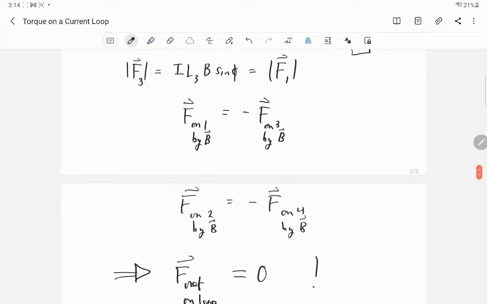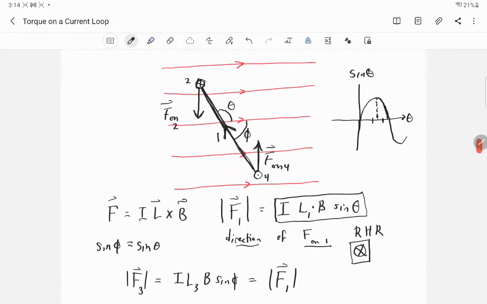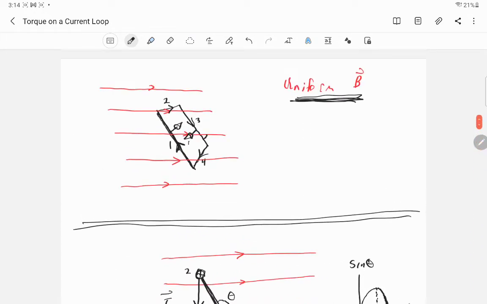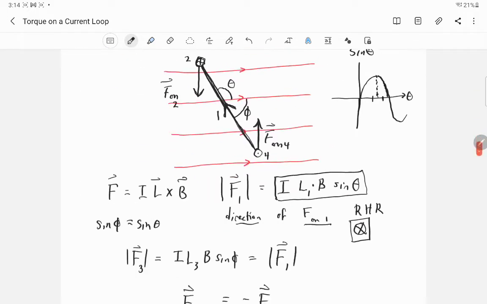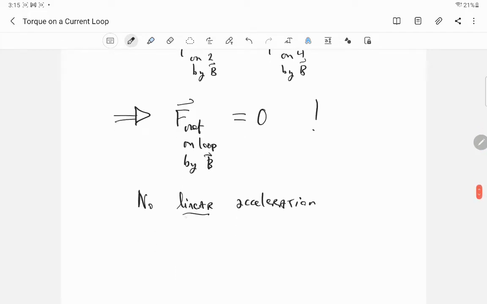Like if you considered this loop being a piece of material, the center of mass of this loop is not going to accelerate. But what is interesting is there is twist. There's twist, right?